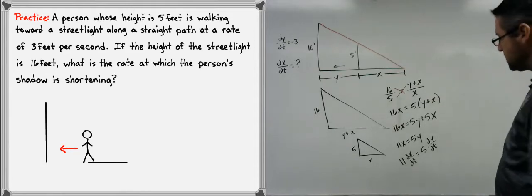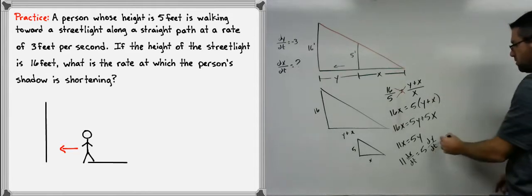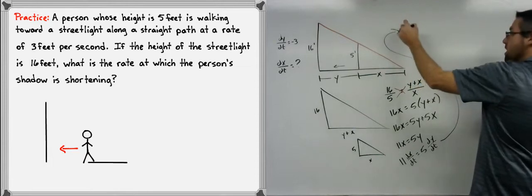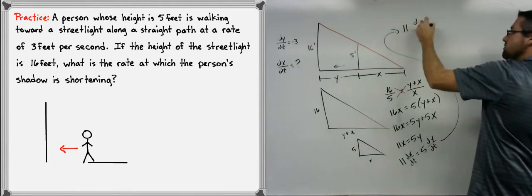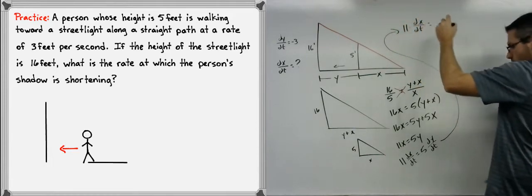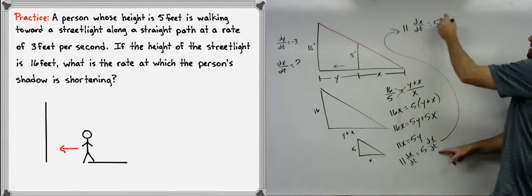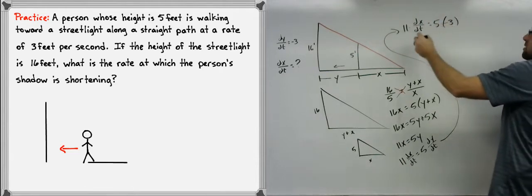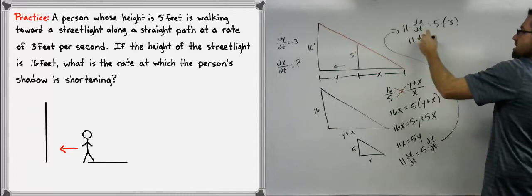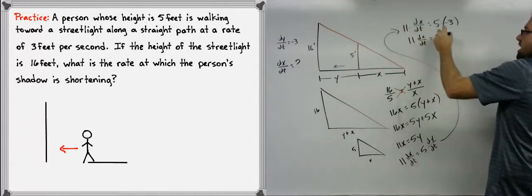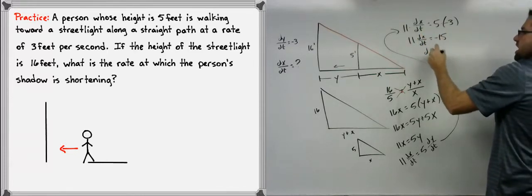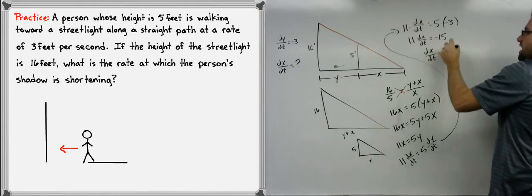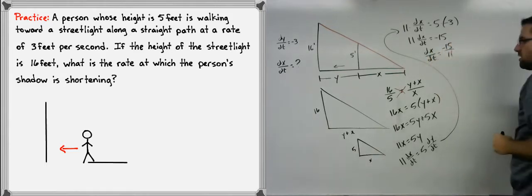So dy/dt is -3. Plug that in here. I'm just going to put this up here. We get 11 times dx/dt equals 5 times -3. So 11 dx/dt equals -15. And so dx/dt equals -15 over 11.